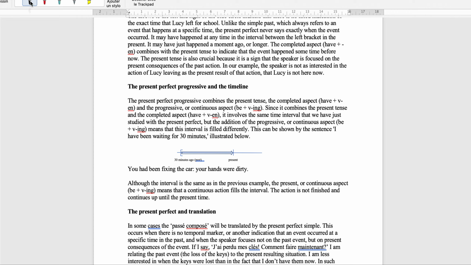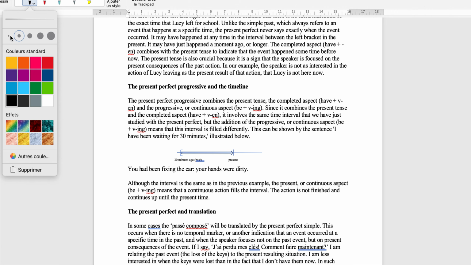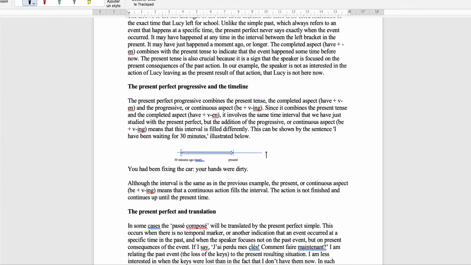Now we're going to click on our handy little pen. So we're going to write a little line here. We're going to do the same thing with the present. I'll just write pres. And here we have our past.